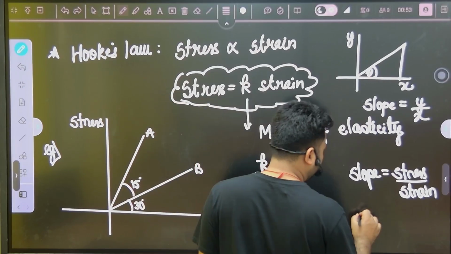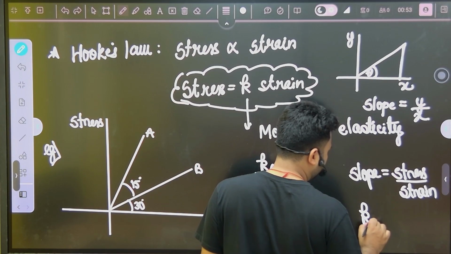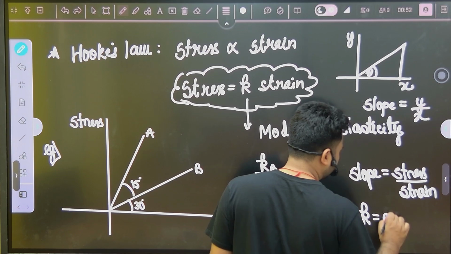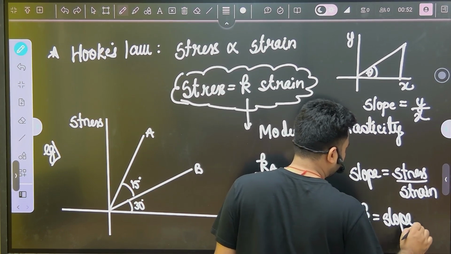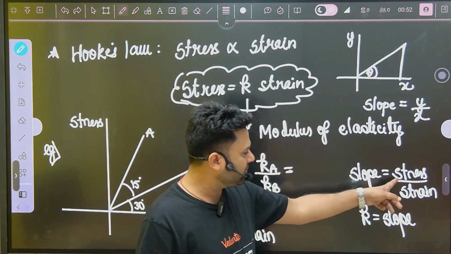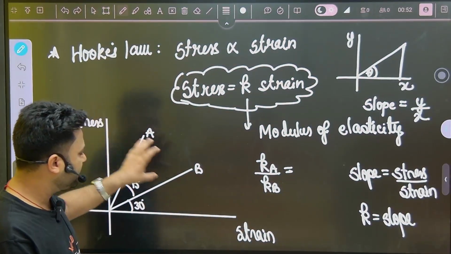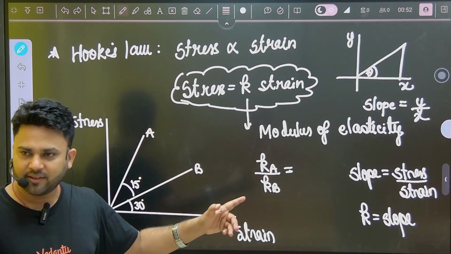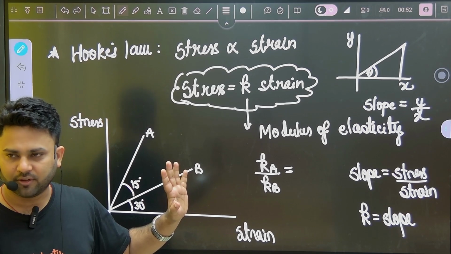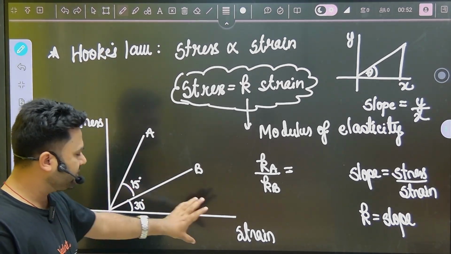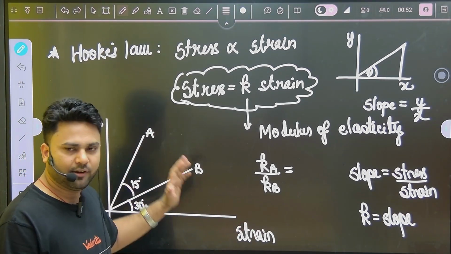Means if you have to find the K value, you should find the slope. Correct? Slope is nothing but K value. Remember all this: slope of the stress versus strain graph gives the K value.